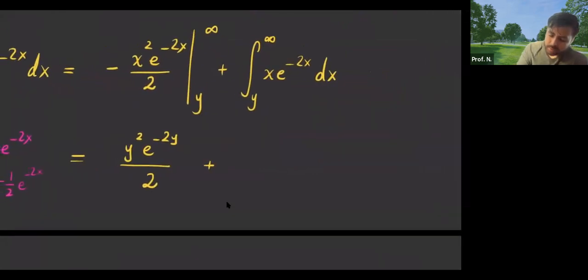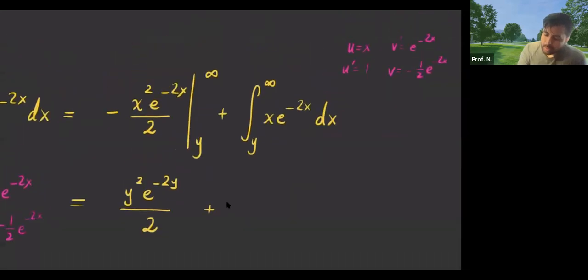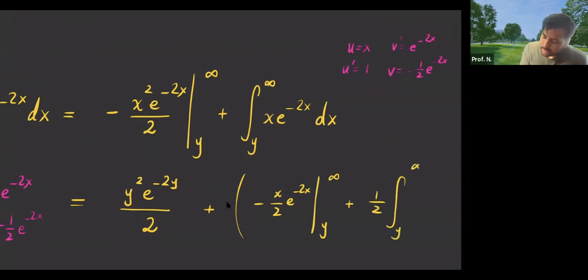So again, you do the same thing. You do u equals x, u prime equals 1, v prime equals e to negative 2x, v is negative 1/2 e to negative 2x. So then you get negative x over 2 e to negative 2x evaluated from y to infinity, plus 1/2 the integral from y to infinity of e to negative 2x dx.